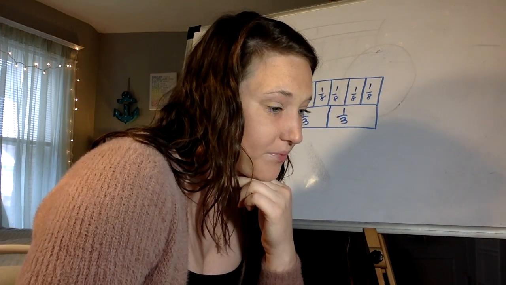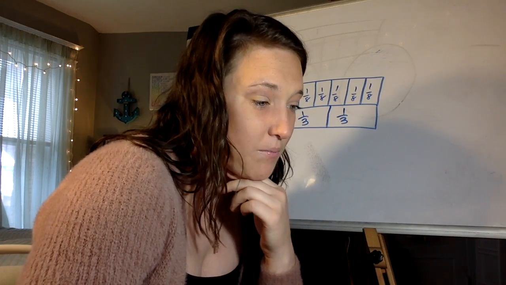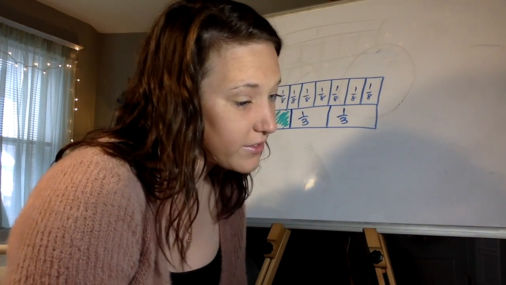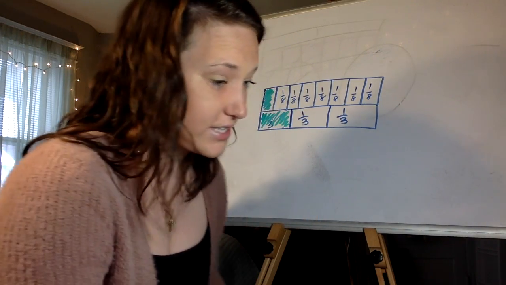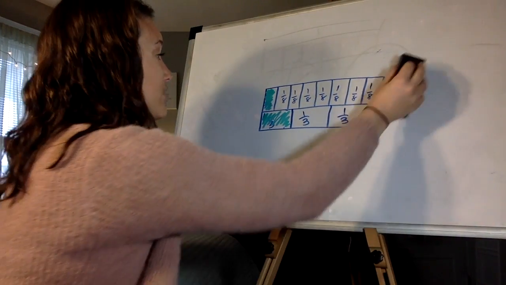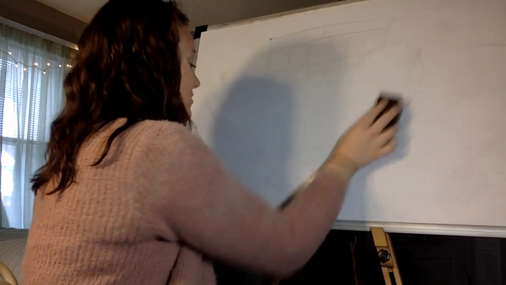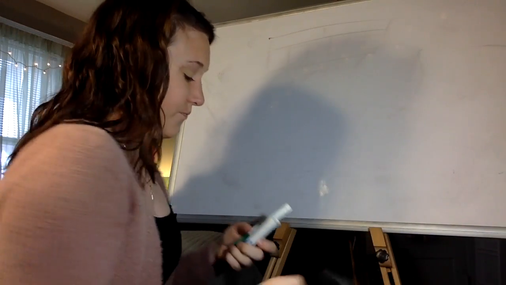All right, so then up on 508, it says, example, compare 2/4 and 2/6. Okay, so this wants us to compare using fraction strips. So that's what we're going to do.